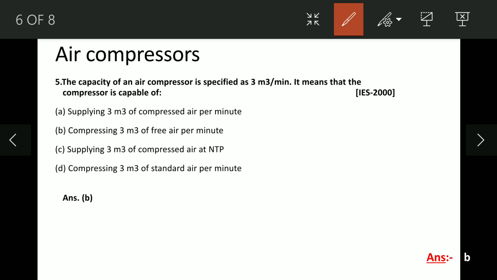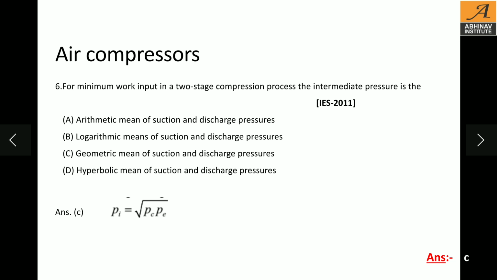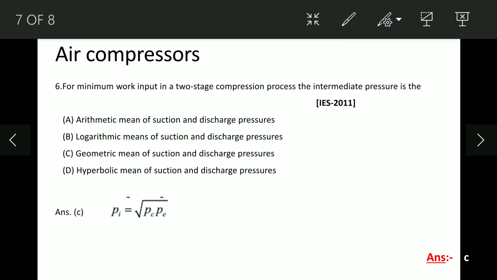The capacity of a compressor is specified by 3 meter cube per minute. It means compressing 3 meter cube of free air per minute. So option B is correct.